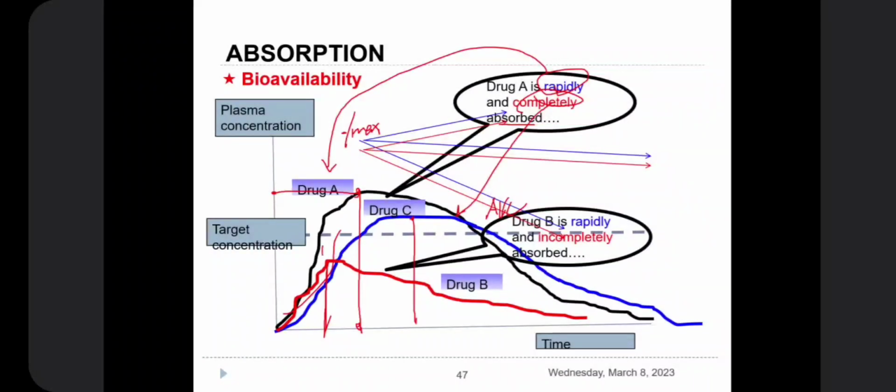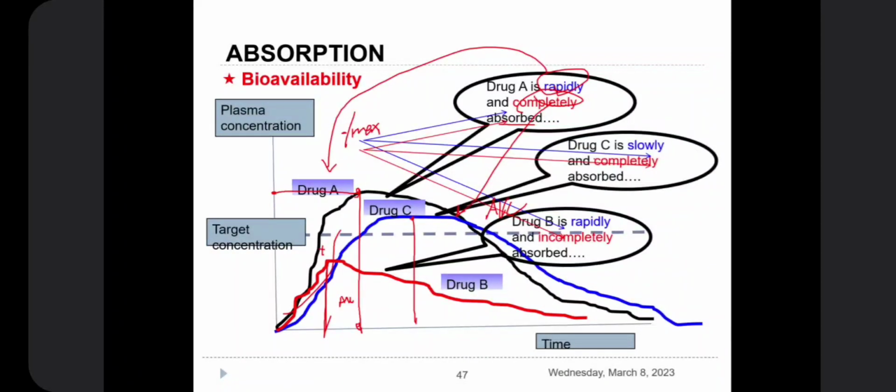You can see it's very quick, but the AUC is smaller than A and C. And drug C is slowly and completely absorbed. Although the Tmax is large, which represents slow absorption, the AUC of drug C is very big, so it has complete absorption. Okay, this is the figure showing what implies that.